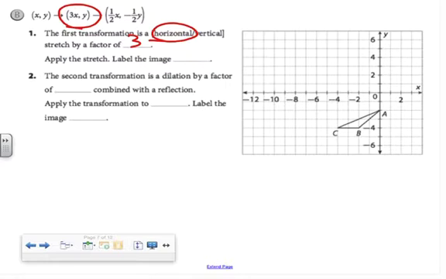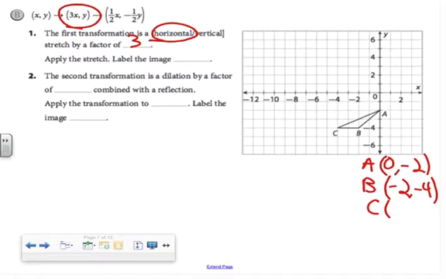Well, in order to do that, let's identify our coordinates. A is at 0, -2. B is at -2, -4. And C is located at -4, -4. When I apply that stretch, A prime is still here because when I multiply 3 times 0, it's still 0 and I'm leaving the y coordinate the same.